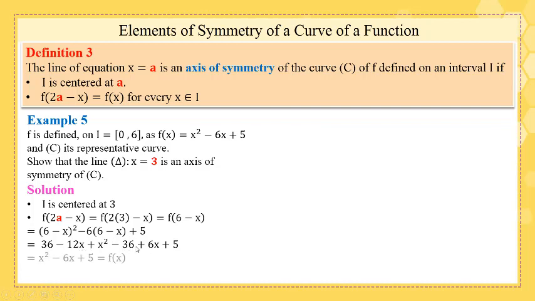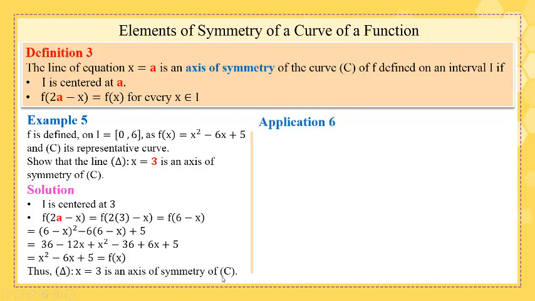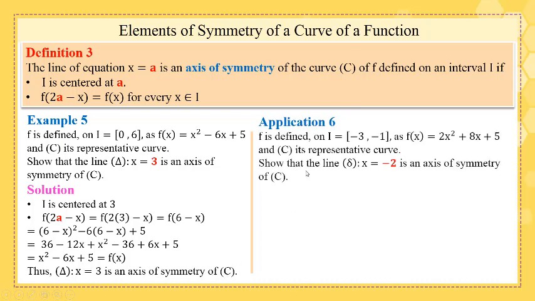Expand then reduce to get x squared minus 6x plus 5, which equals f of x. The two conditions are satisfied. Thus, delta of equation x equals 3 is an axis of symmetry of C. Application. Please stop the video, then solve this application.